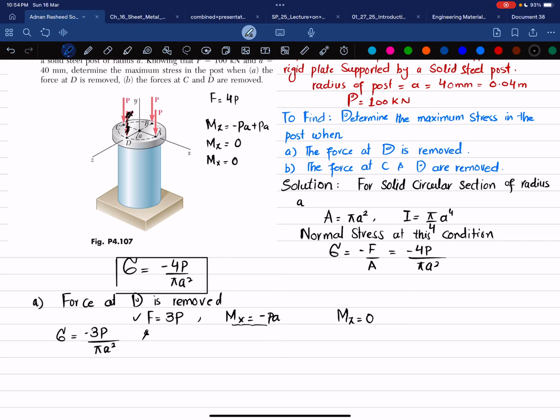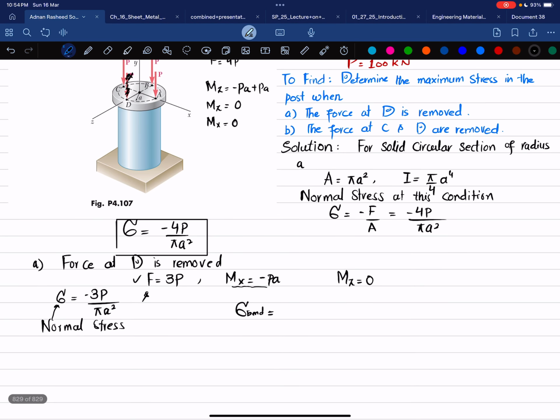So this is normal stress, clear, and we will have bending stress, which also contributes toward normal stress, and that bending stress we can write as Mx times z divided by Ixx or I. So you can see you have Mx as minus PA.